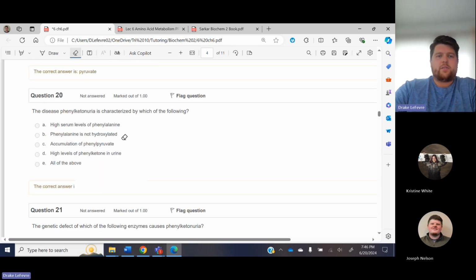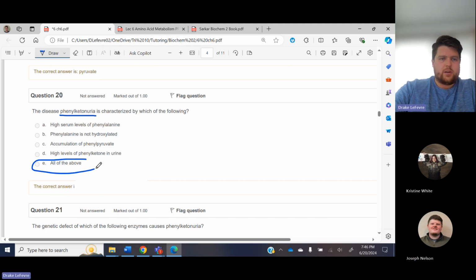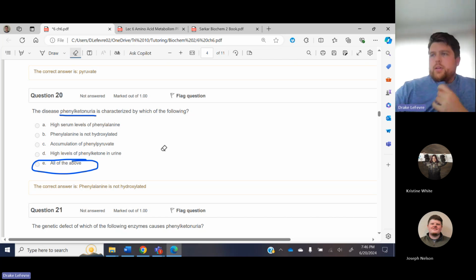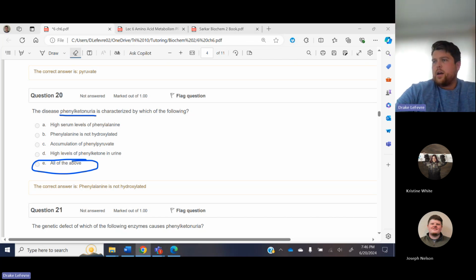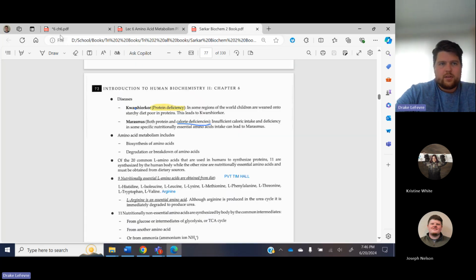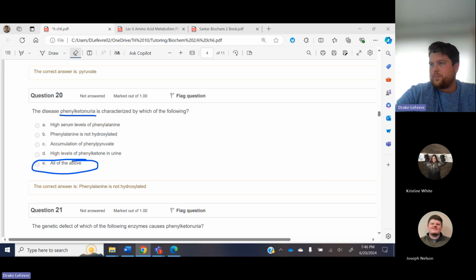The disease phenylketonuria is described by which of the following? We already saw this one. Phenylketonuria is all of the above. Let's quick, we haven't found a typo really yet in the questions of Biochem 2 until this point.